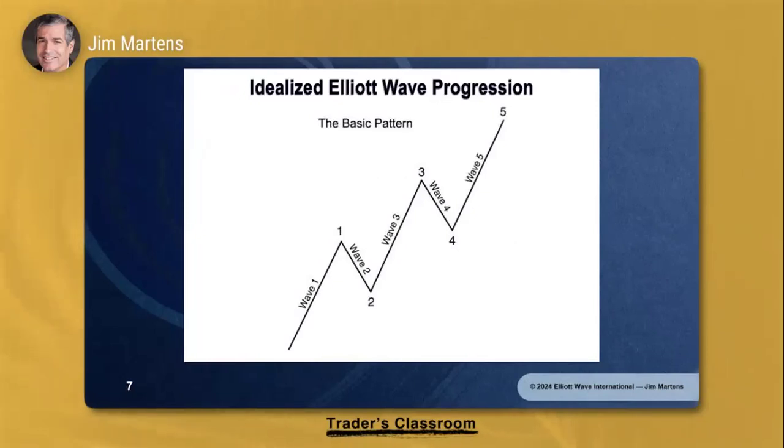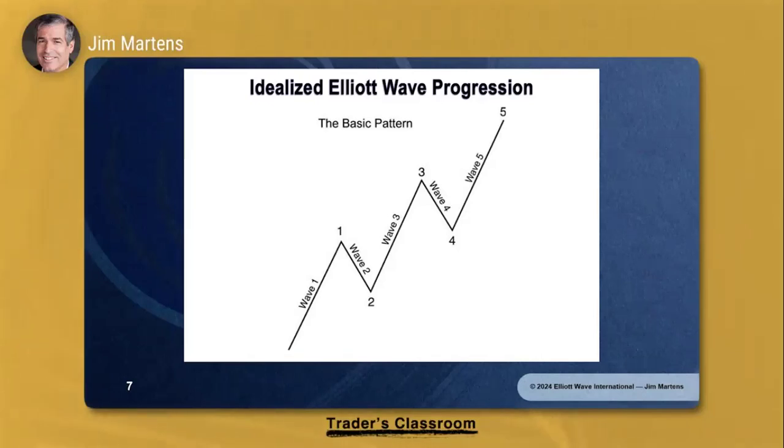All of those rules apply here. Notice wave 2 ends well above the start of wave 1. Wave 3 looks about the same distance as 1 and 5 in this idealized chart, but normally would be the longest, or extended, wave, and I'll get to that in a few moments. Wave 4 is above wave 1, and then wave 5 normally goes to a new high, or beyond the end of wave 3.